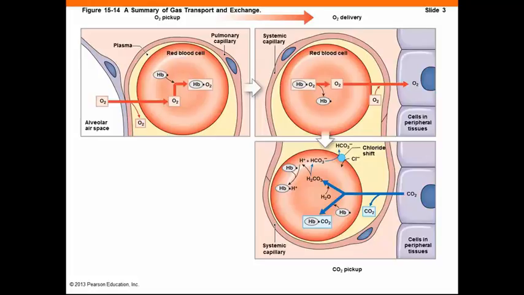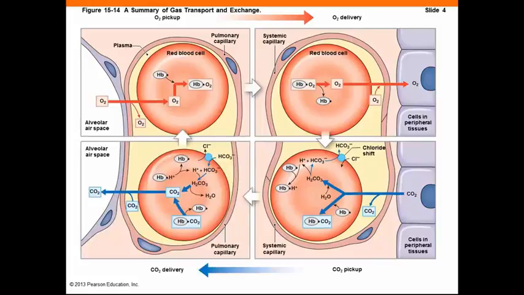So you can see the chloride shift happening there. And then when that red blood cell and when that plasma reaches the pulmonary capillaries, the carbon dioxide will move from its high concentration in the plasma and in the red blood cell to the low concentration in the alveolar space. And so we can start all over from there. We just keep going around in circles.